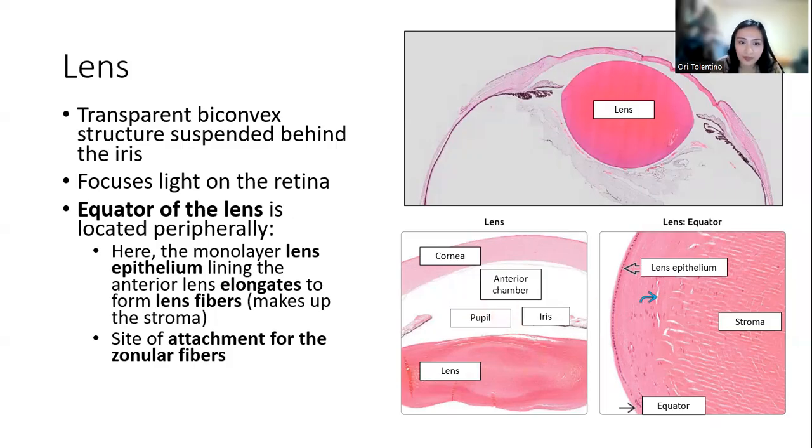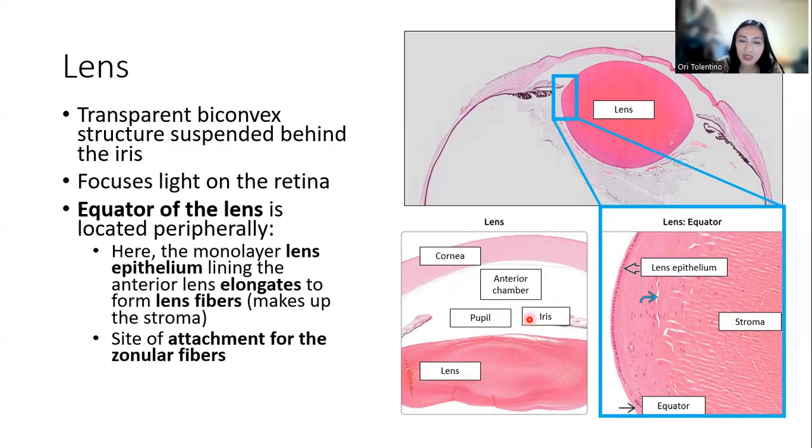We have this area called the equator of the lens. It is located at the side or the peripheral side of the lens. You can see here you have this monolayer epithelium which continues into the anterior of your lens. So imagine this is covered by an anterior epithelium. At the side, this anterior lens epithelium at the equator, the epithelial cells will elongate.